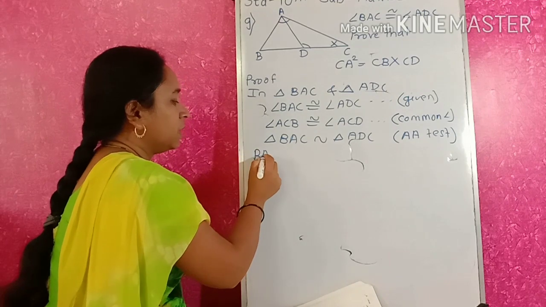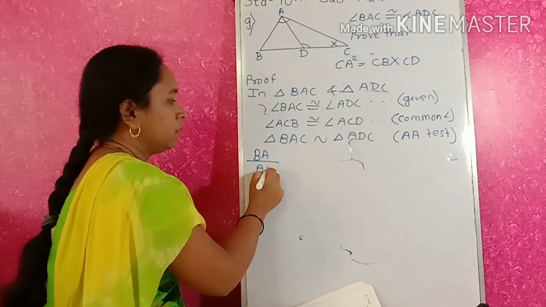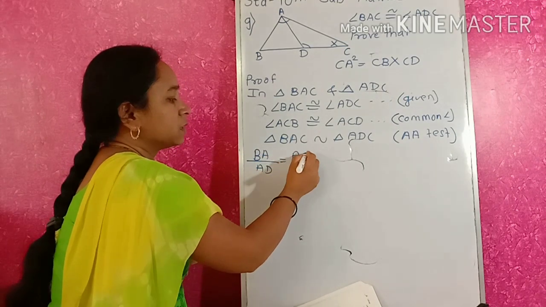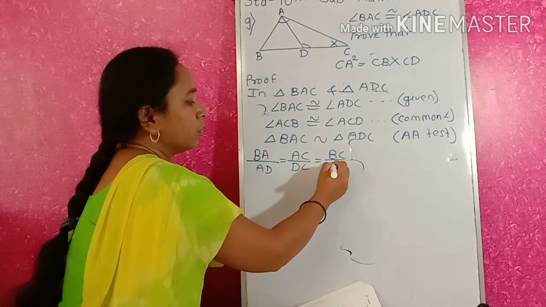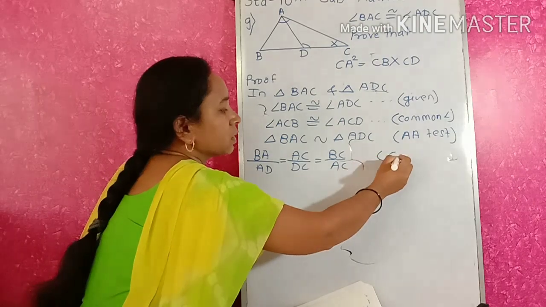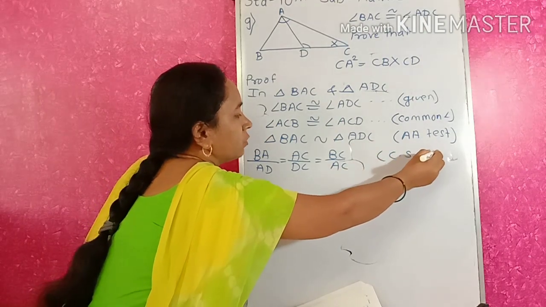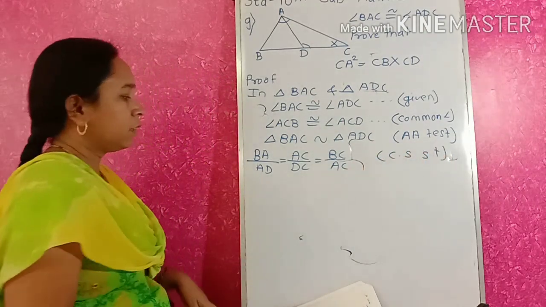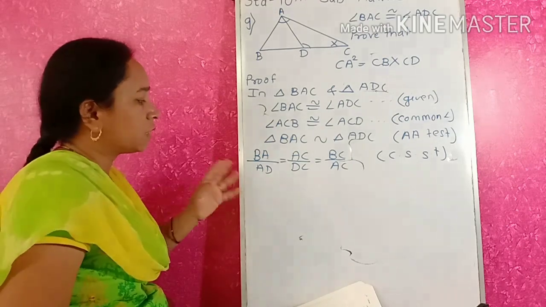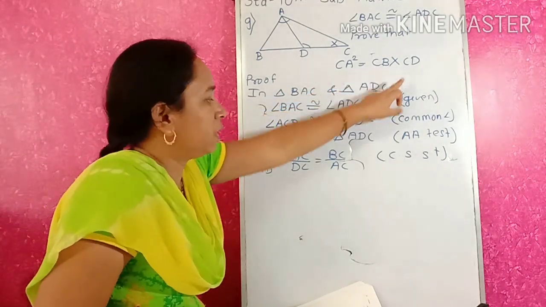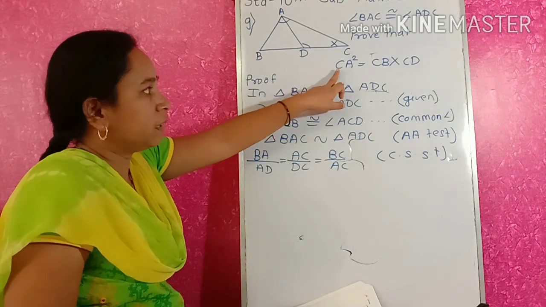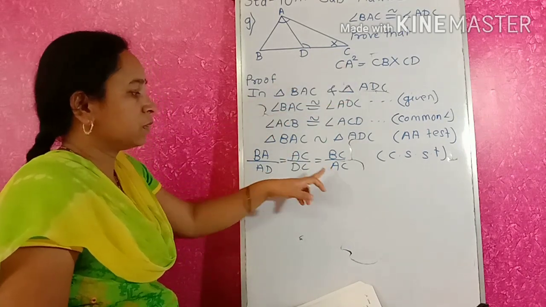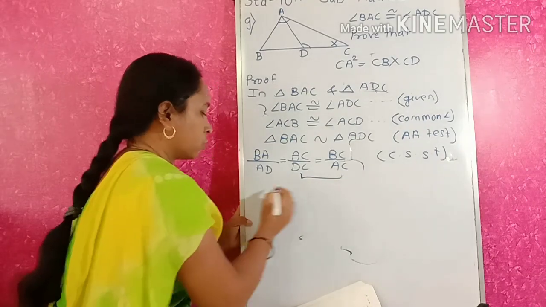So, BA upon AD is equal to AC upon DC is equal to BC upon AC. These are corresponding sides of similar triangles. Now here which ratios do I need? I need CB and CD, and here CA square. So I'll select these two ratios.